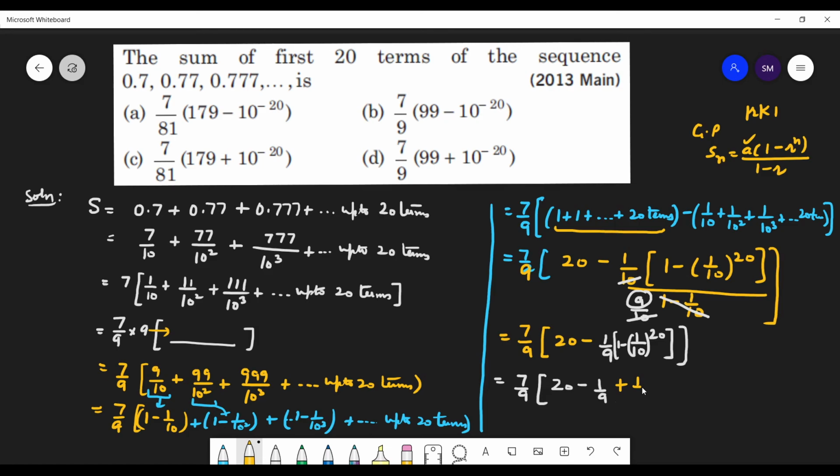You have to make a perfect square here. That's the trick. So how to do it? How can you make it a perfect square?